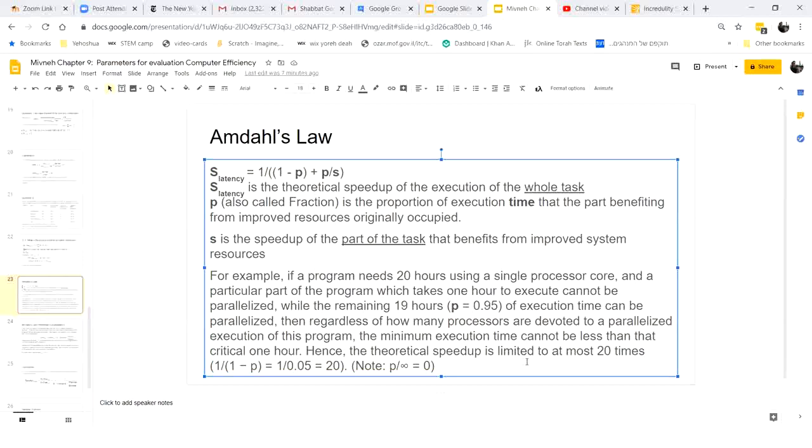Meaning, if S was 1, how much faster is it? If S was 1, that would mean it's the same speed. Yes, exactly. If S was 1, I didn't get any speed up at all. If S is 2, then I doubled my speed. If S is 1.5, then it's 1.5 times faster.